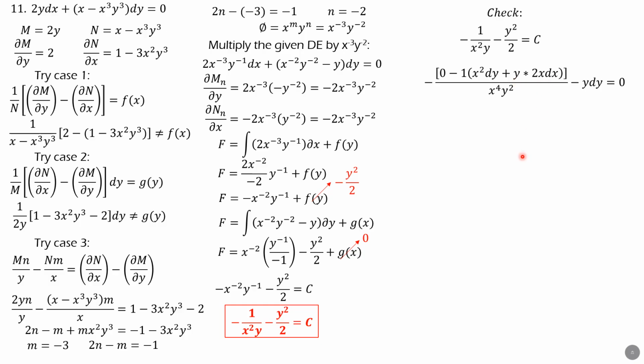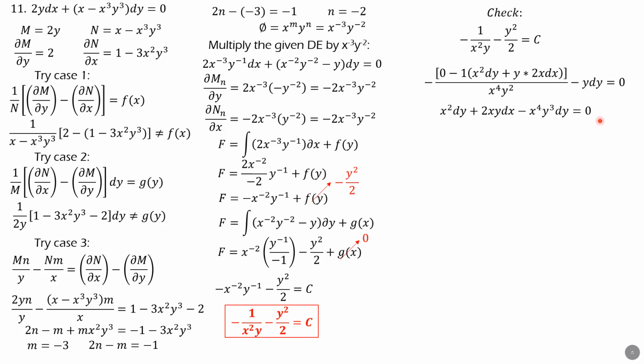So that is 2xy dx. So x squared dy plus 2xy dx minus x to the fourth y cubed dy equals 0 after we multiply everything by this.